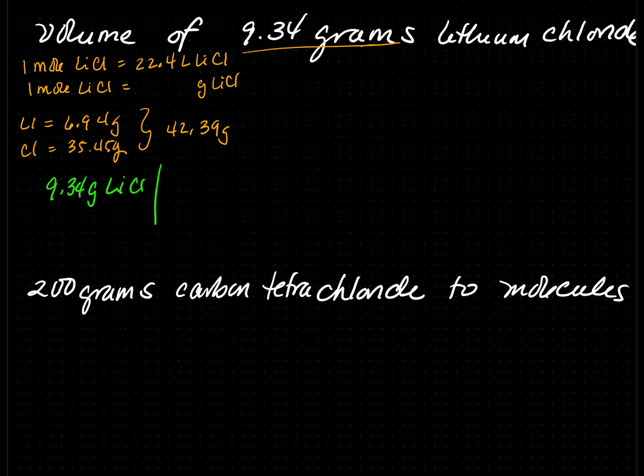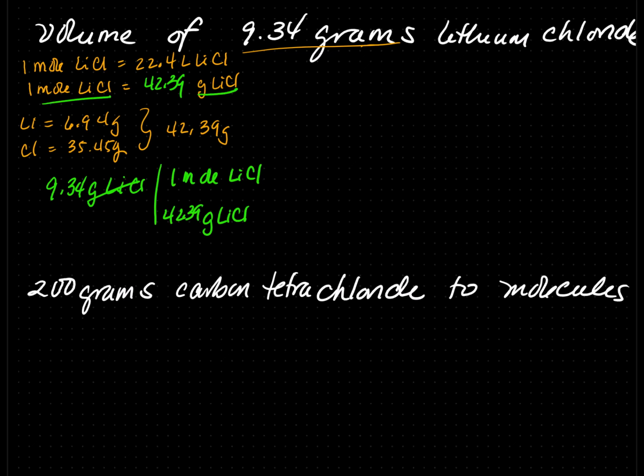Units have to cancel out, so grams of lithium chloride, grams of lithium chloride. The grams that we calculated here is 42.39. So that's the number in front of grams right here. This is equal to 1 mole because they're equivalent.